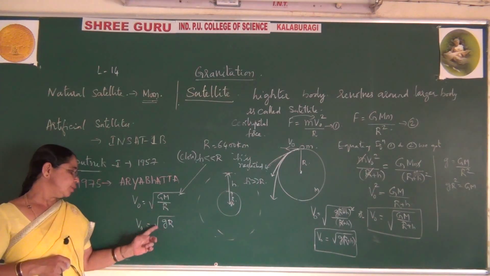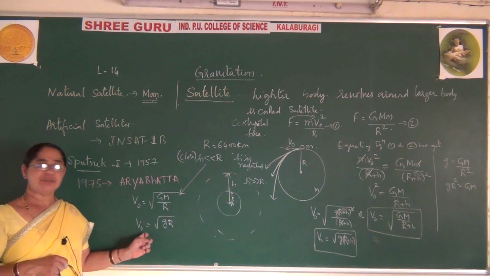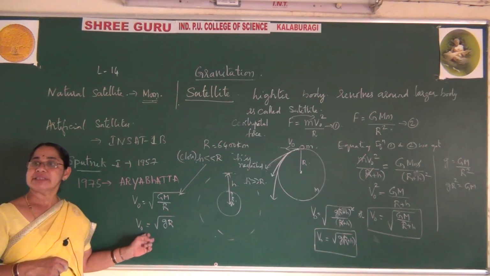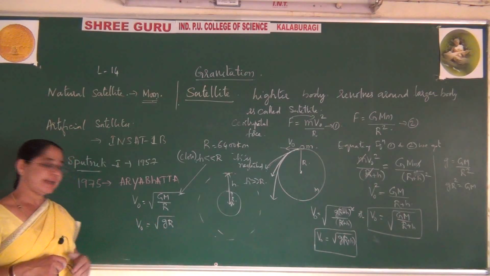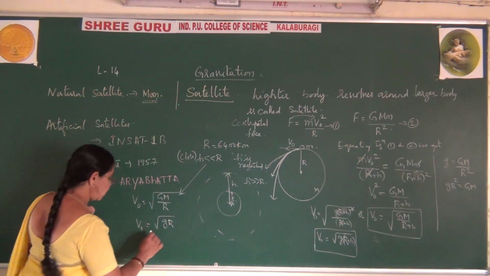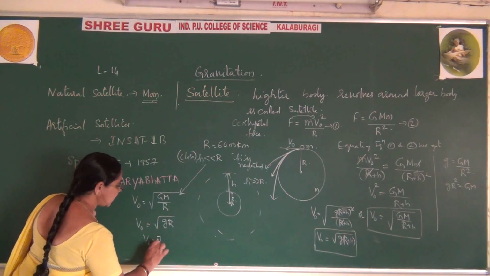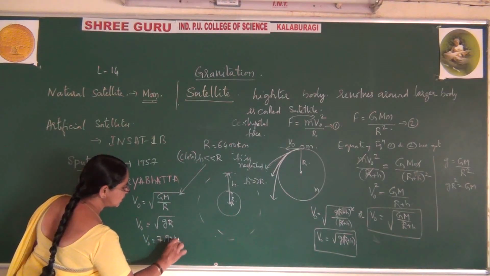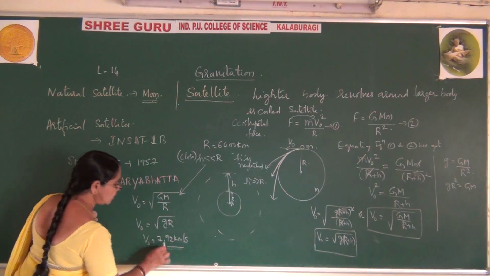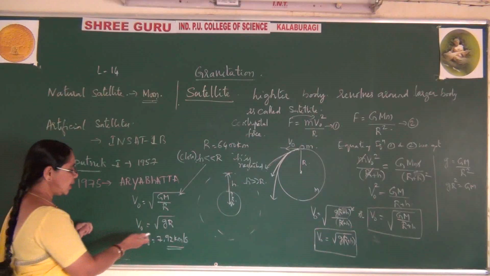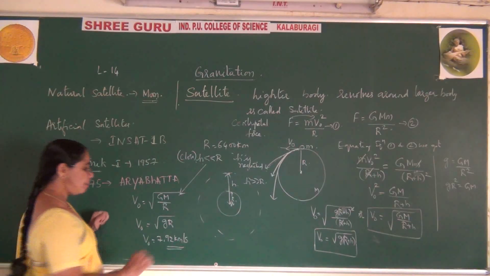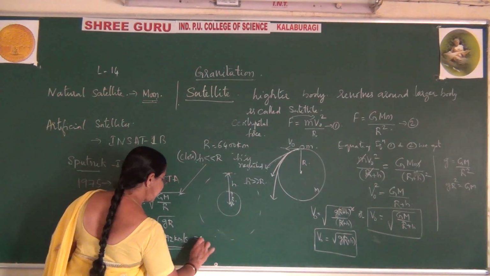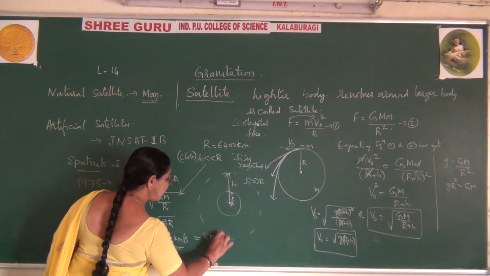Using this, you get the velocity from the surface. When you calculate here, it is equal to 7.92 kilometers per second. This is how you get the calculation. But approximately we say it is 8 kilometers per second.